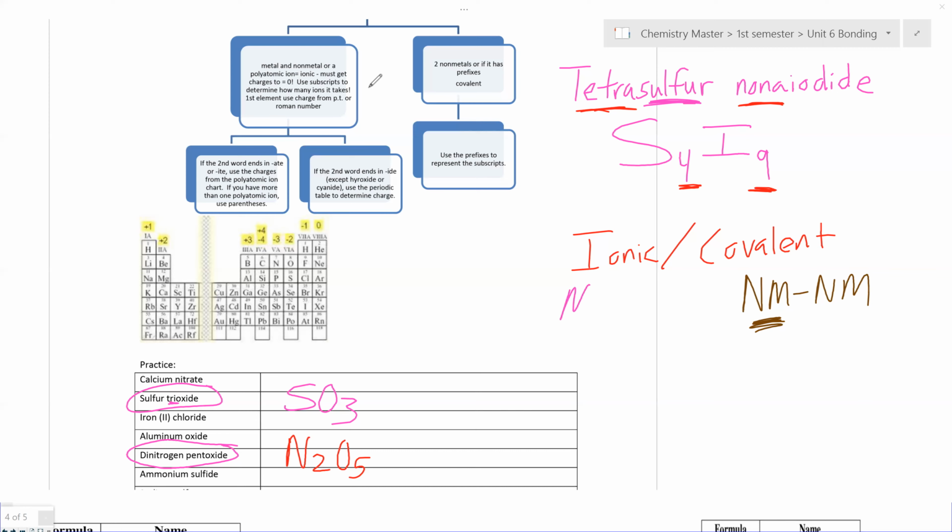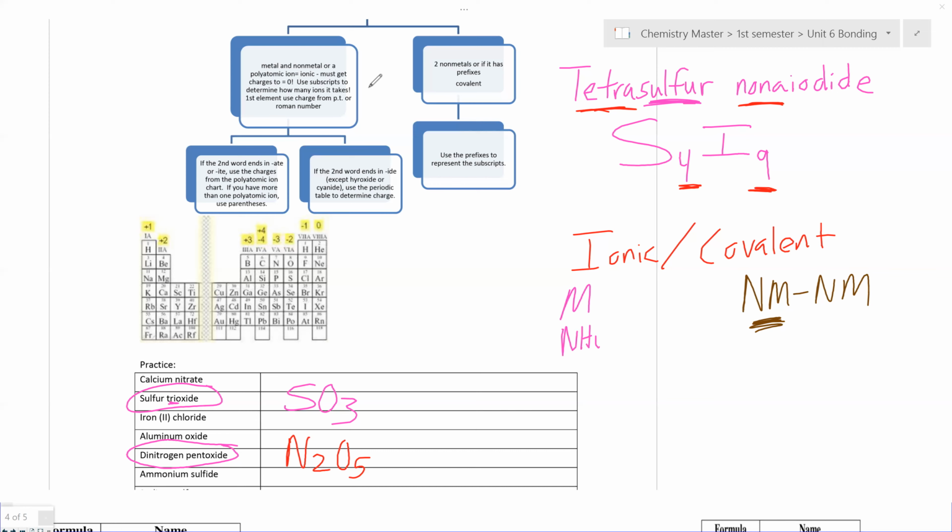It's going to be a metal or one particular polyatomic. What is it? Anybody know the polyatomic that can start off? It's the only one that's positive. Nice job, Brooklyn. Ammonium, exactly, or NH4, okay?